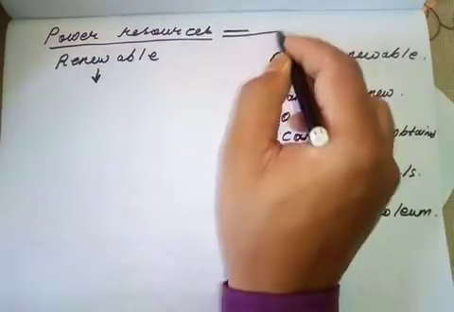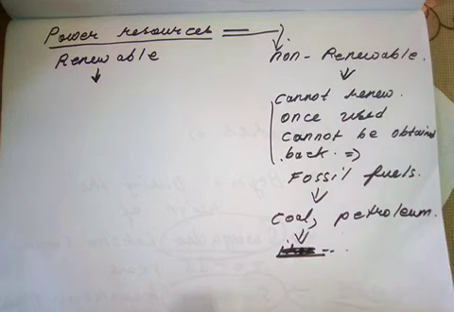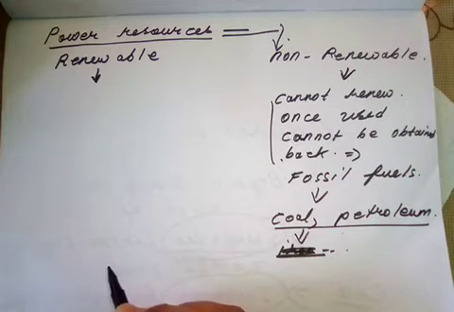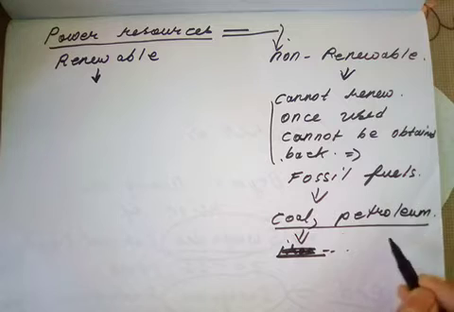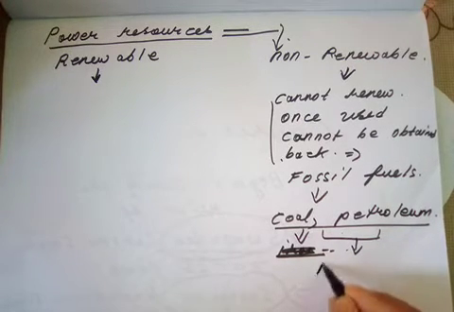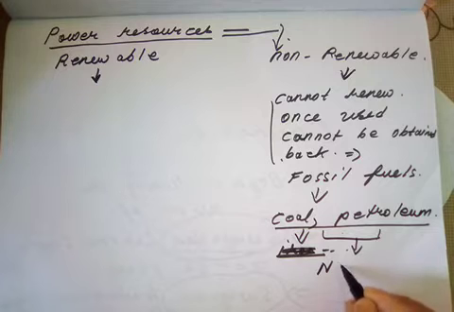But here we are discussing the power resources. From iron we are not getting power, so better we remain confined to coal and petroleum, which we are using as non-renewable resources.